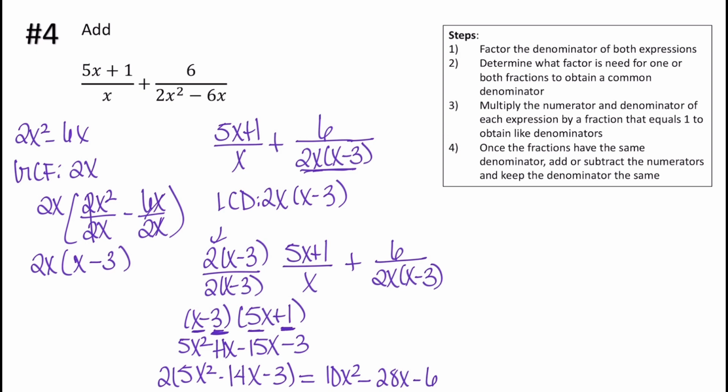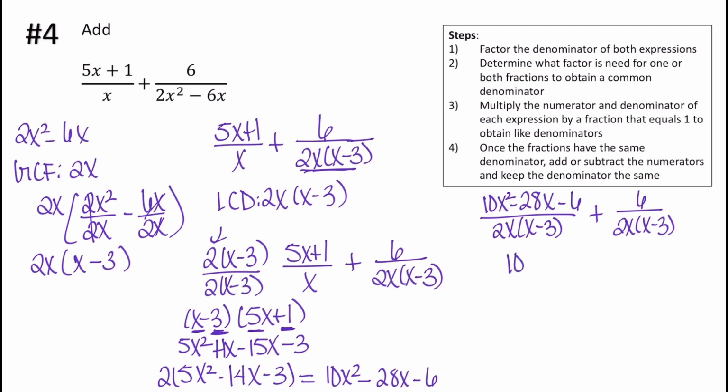So now let's go ahead and rewrite this problem using the common denominator we just found. So we have 10x squared minus 28x minus 6 over 2x times x minus 3 plus 6 over 2x times x minus 3. Now let's add these two numerators together.